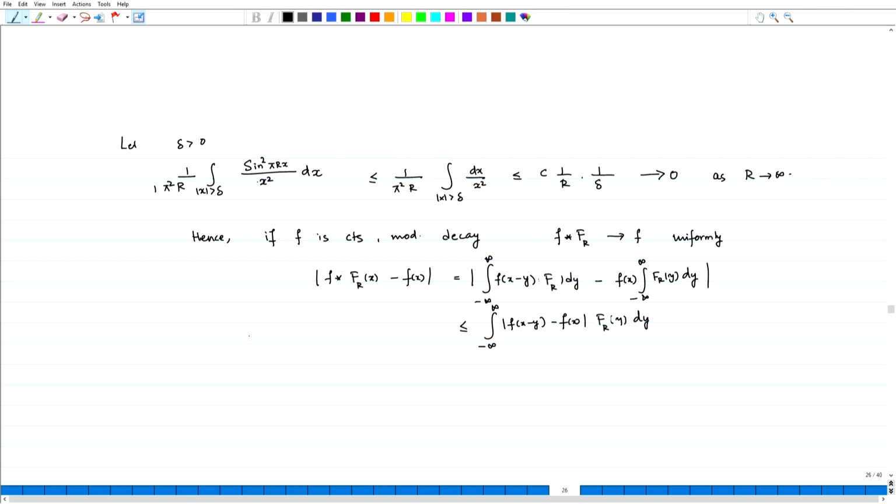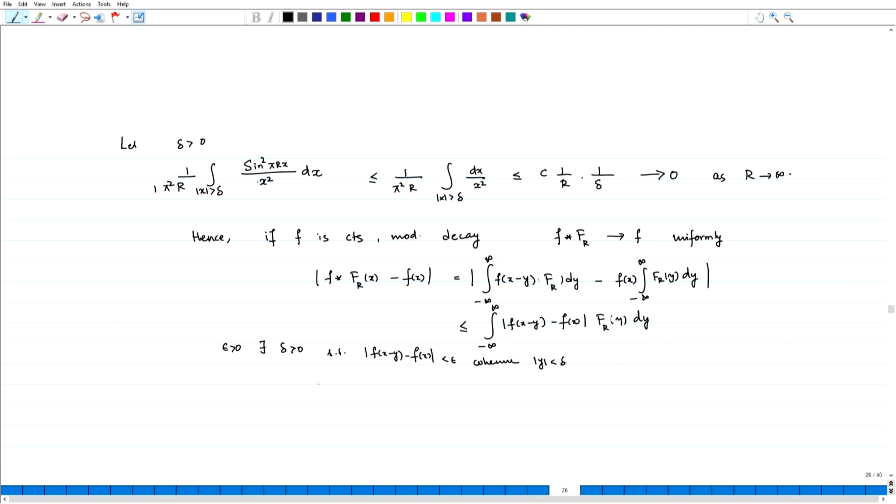Now, as f is continuous, for epsilon positive it is uniformly continuous. So, for epsilon positive there exists a delta greater than 0 such that mod of f of x minus y minus f of x is less than epsilon whenever mod y is less than delta.